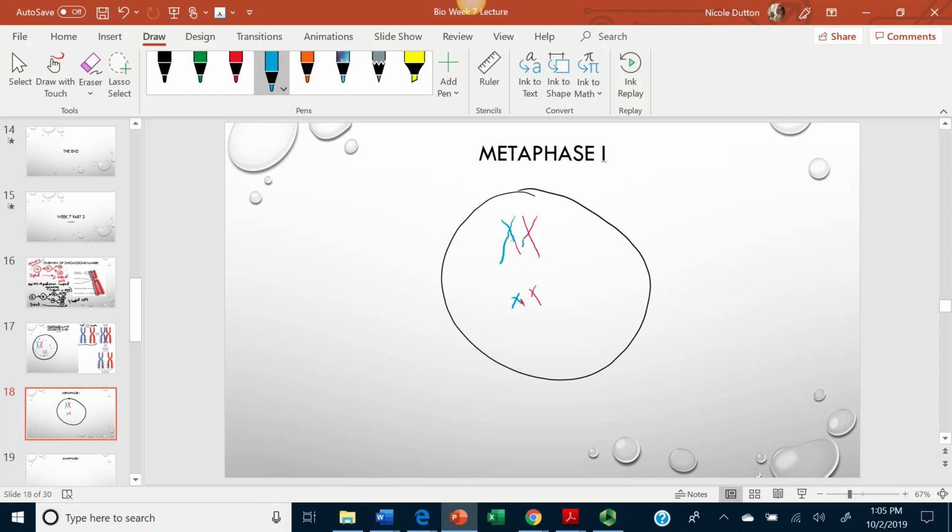So we have our crossed over chromosomes. They line up in pairs like this, where chromosome 1s are in pairs, chromosome 2 in pairs, 3, 4, all the way through the 23 sets of chromosomes.